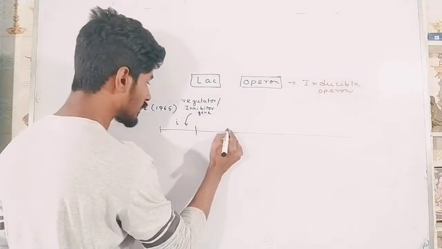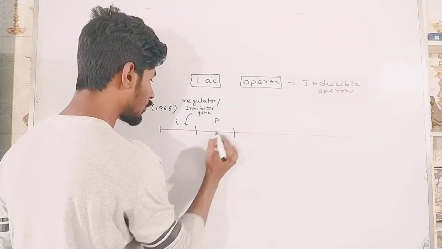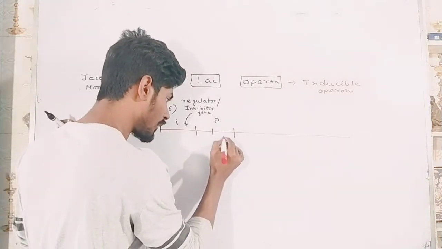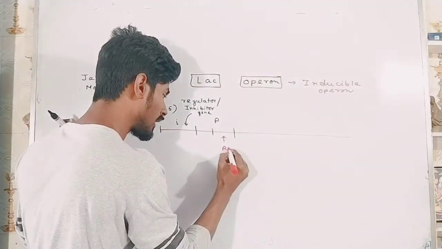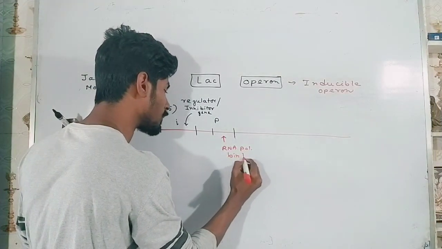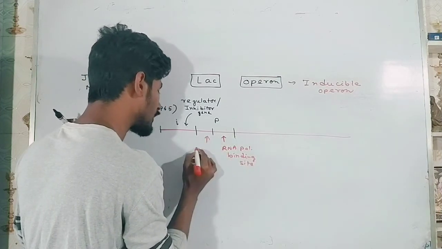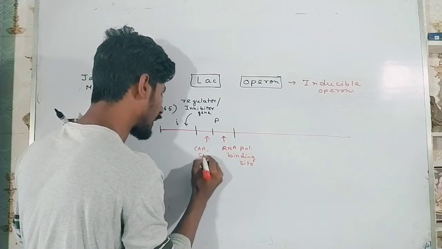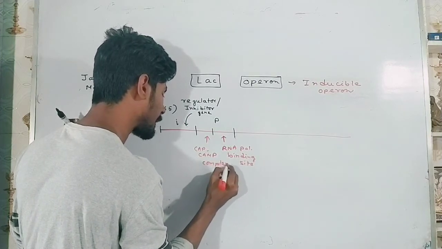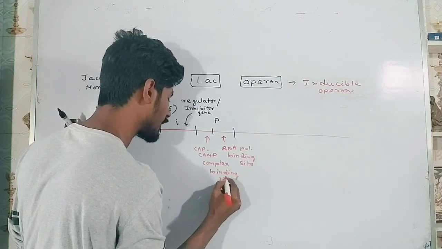Then we have the promoter region P, which can be divided into two parts. One part is for RNA polymerase binding, so it is the RNA polymerase binding site, and another is for the CAP complex binding site.